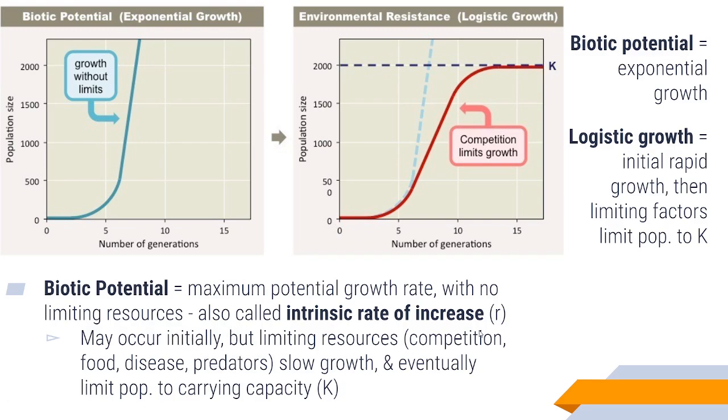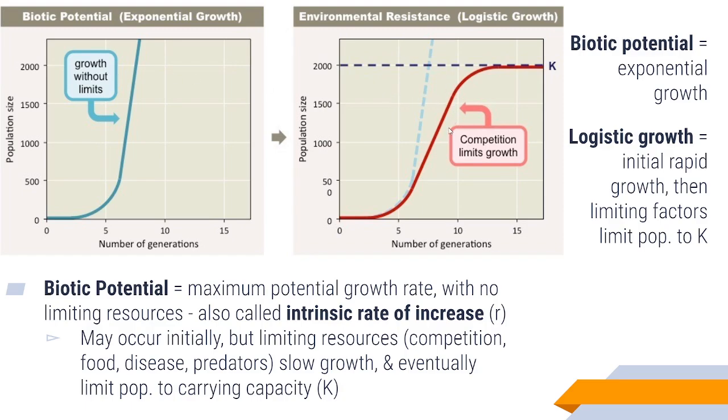Now, at the early parts of population growth, this can happen for most populations because you have a small population, small numbers, very few limited resources. So populations can grow exponentially without any kind of limits.